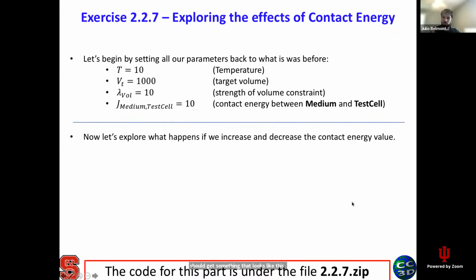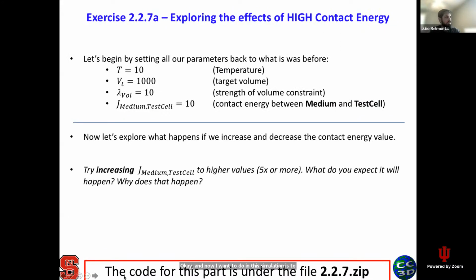And now what I want to do in this simulation is to actually make changes to the adhesion value between the cell and the medium, okay? Let's try first to increase the contact energy between the cell and the medium to higher values. So right now it's 10, let's make it 50 or 100, okay?